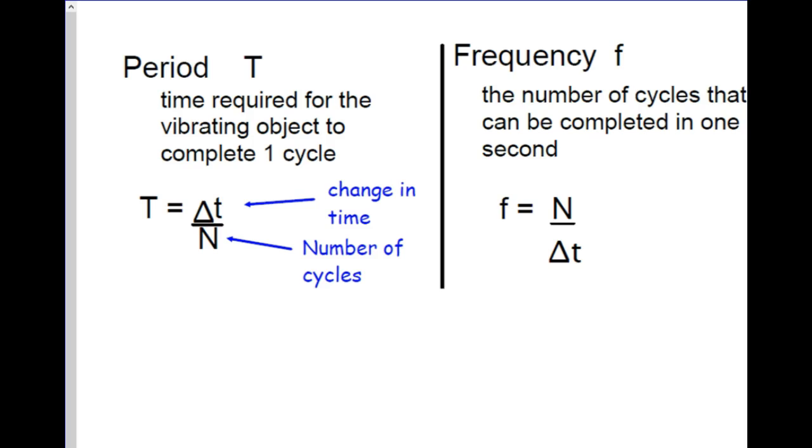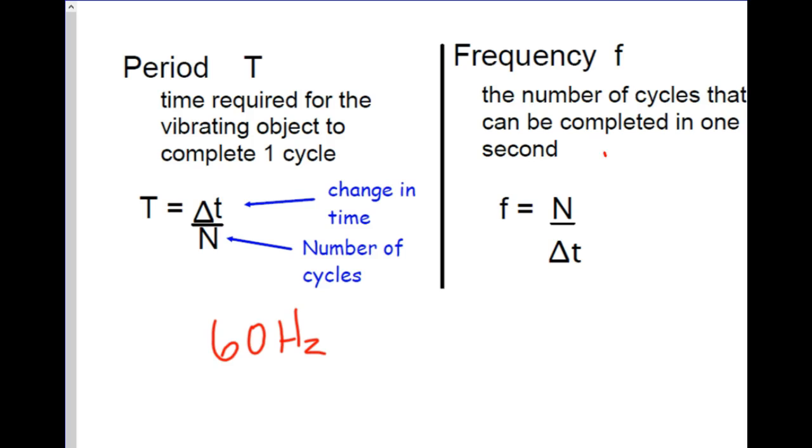Okay. If you have 60 hertz, is hertz a period or is hertz a frequency? It's a frequency.